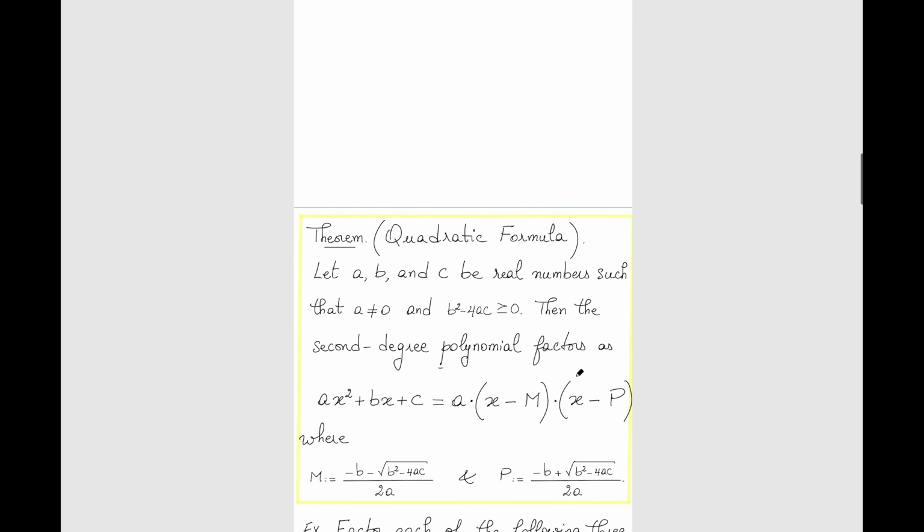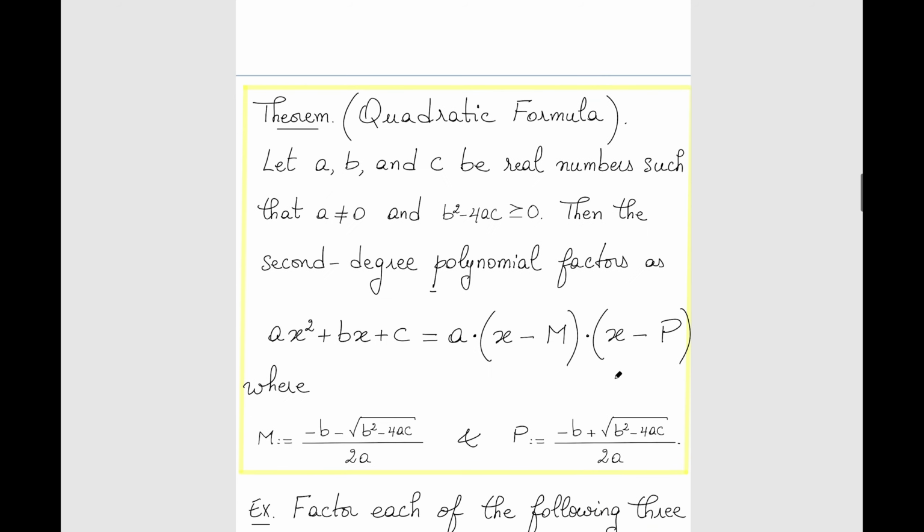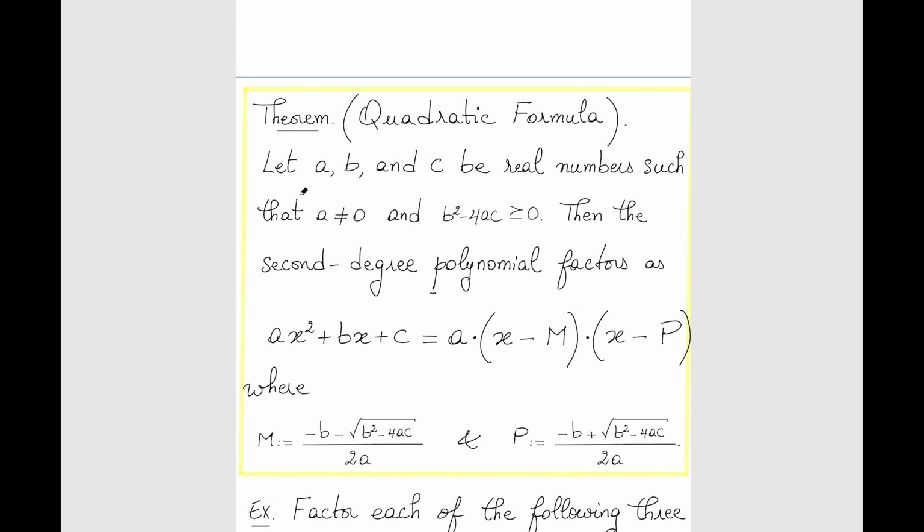All right, anyway, so back to this. Under the assumptions that we just talked about, a, b, c real numbers, a not 0 and b squared minus 4ac being non-negative, then the second degree polynomial factors as such, right? This is exactly what we proved above.